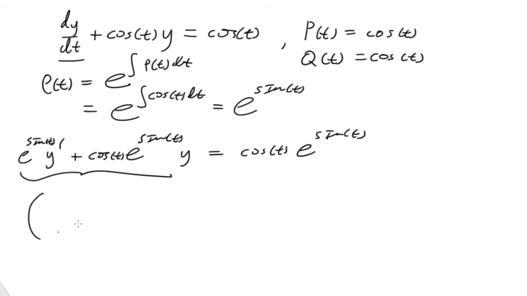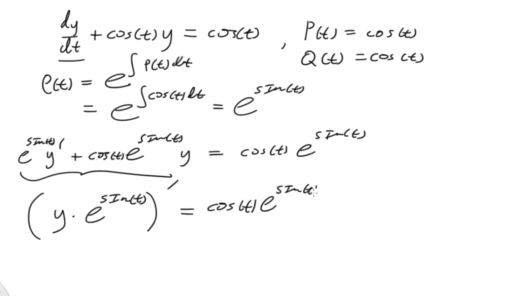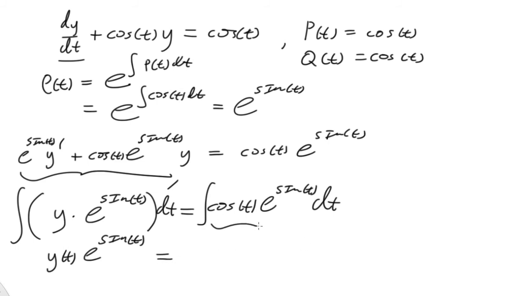In fact, we can rewrite this whole thing as the derivative of the product y times e to the sine t, and that is equal to cosine of t, e to the sine t. Now we take the antiderivative of both sides, and we get y of t times e to the sine of t equal to this integral here.